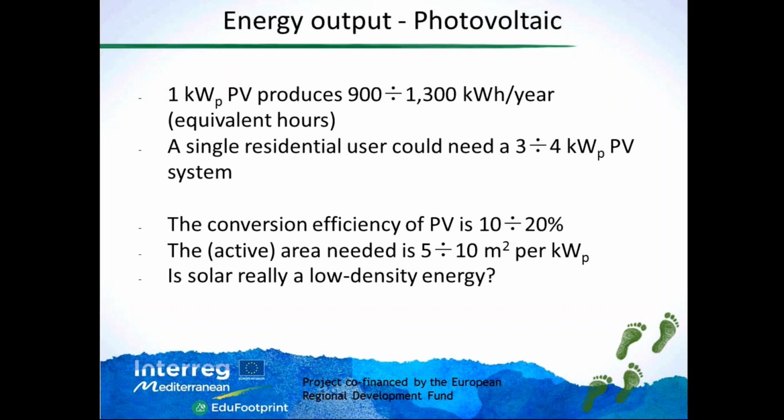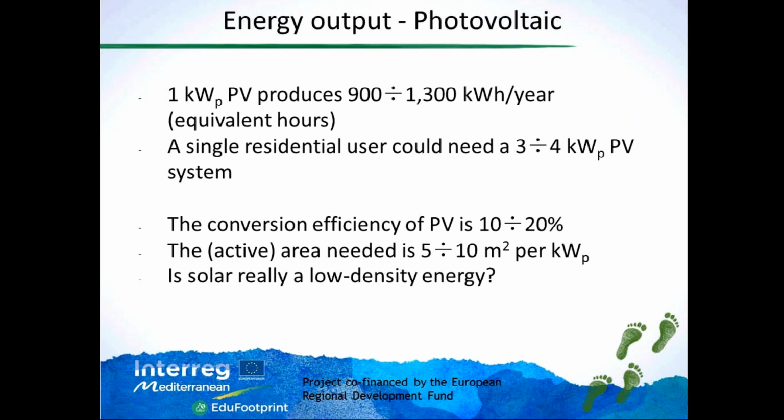Another important point is to understand how much of the solar energy collected by the photovoltaic is then converted into electricity, so into useful energy for the user. So what is the conversion efficiency of photovoltaic? Of course, it depends on the technology we use, on the quality of the photovoltaic model we are purchasing.